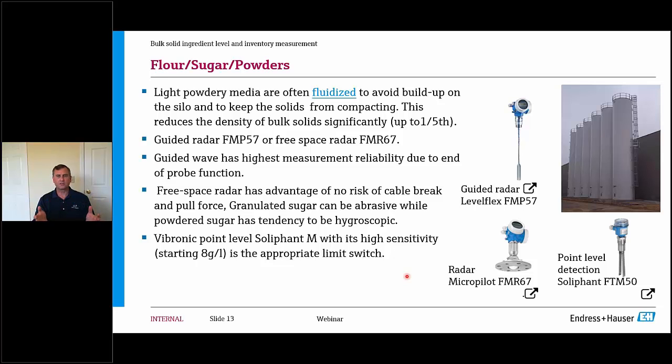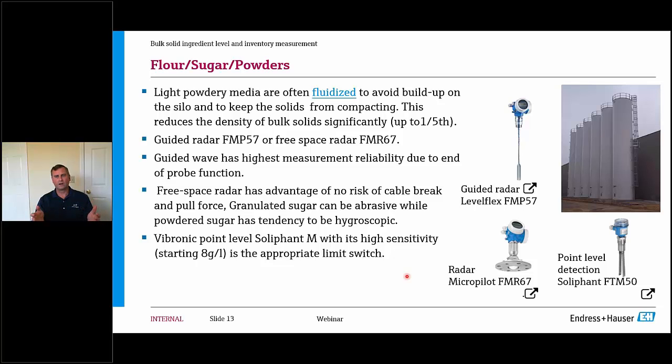In these applications, depending on the height of the silo and the dielectric constant of the product, generally we would start looking at a free space radar. But if we realize, okay, that might come to the boundary of reliability during all conditions, we might go over to a guided wave radar, like in this case here, the Levelflex FMP57.